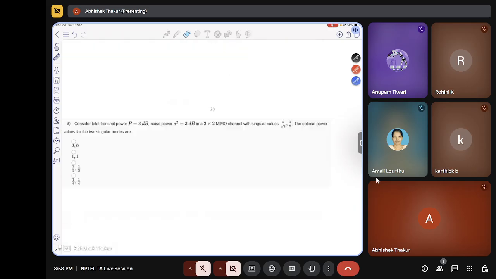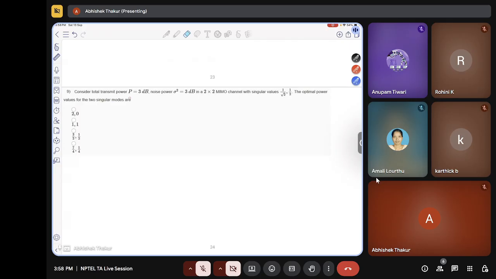Coming to question number 9. Again, it is a similar question to what we have solved in the beginning. Consider total transmit power PT is given as 3 dB. So when you convert, we get PT is equal to 10 log 10 PT is equal to 3. So PT is equal to 10 to the power of 0.3.